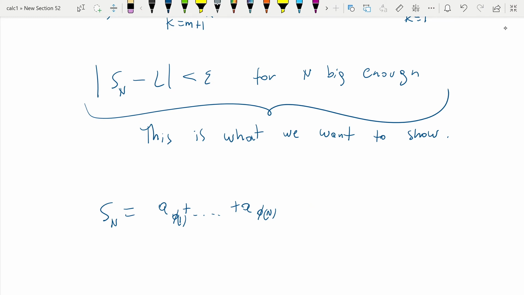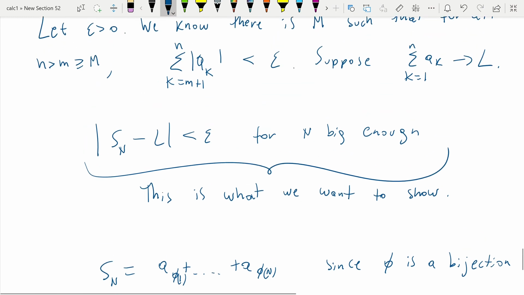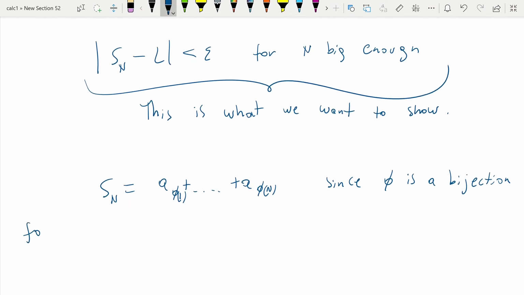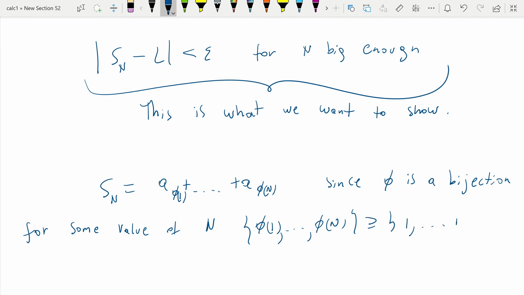Since phi is a bijection, for some value of n large enough, phi 1 to phi n, this set will contain 1 up to m.